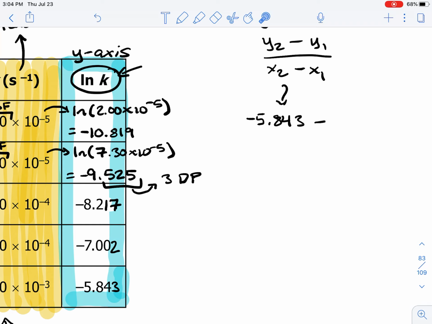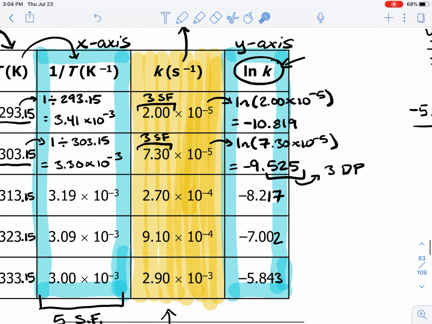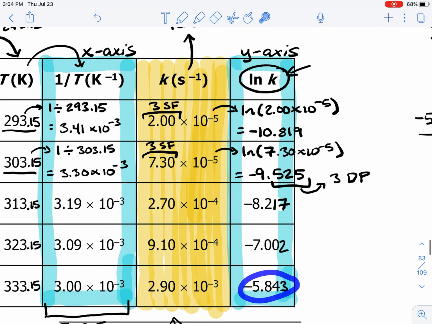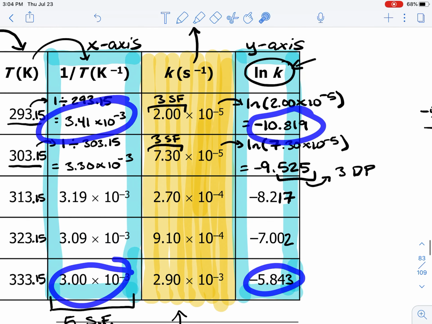So I'm using the first point and the last point. And so this is going to be parentheses negative 10.819. And so now that I have my y values set up, I'm going to describe the change in my x values. Since I used the last and the first point, I'm going to use the last and the first point as well.